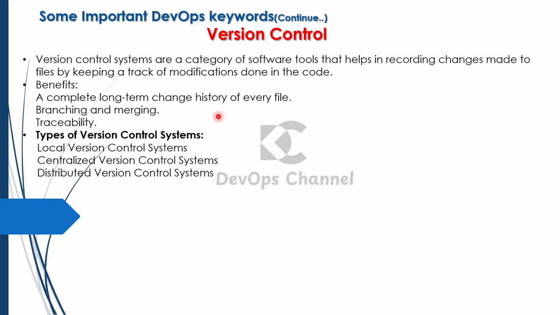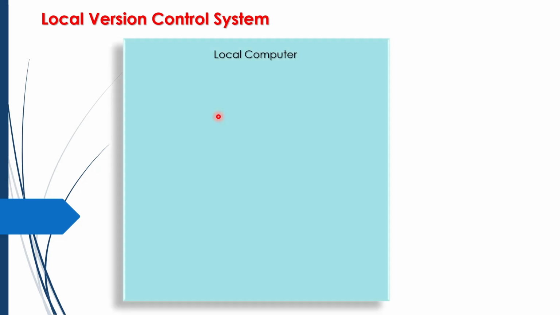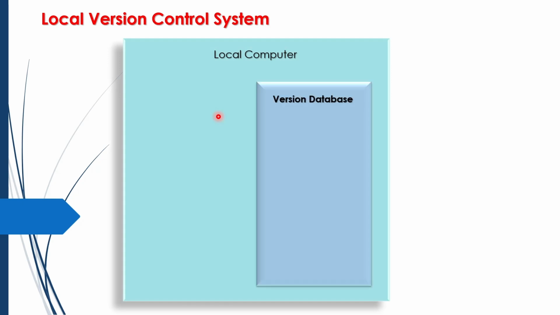Now let's learn about the local version control system. In your local version control system, there will be your local computer. In the local computer, there will be a version database of your local files. On the other side, there will be a file which keeps track of whatever version you are creating.